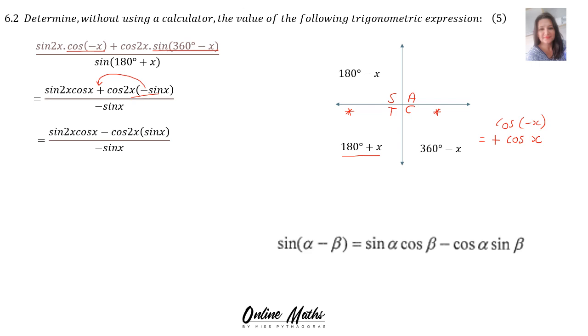So that one we will write as sin of 2x minus x, and then 2x minus x is just sin x over sin x. They cancel each other out, and the answer is -1. So where are the marks? The cos of minus x that became cos x, the sin of 360 minus x that was minus sin x, the sin of 180 plus x that became minus sin x, the compound angle, and final answer.